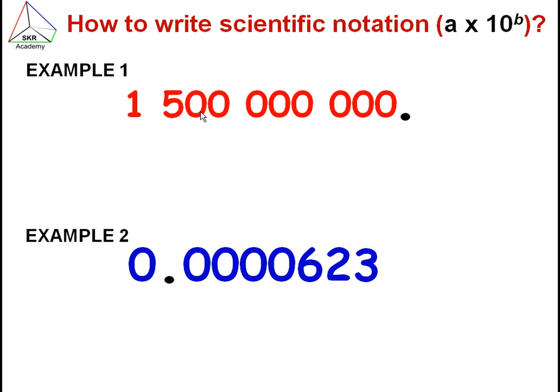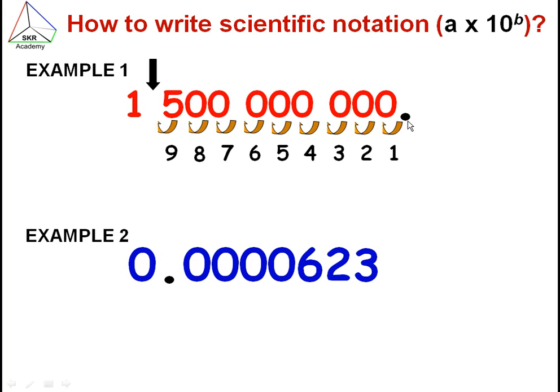You can see there is no decimal point, so let's add one arbitrarily at the right-hand side, and then we will move this decimal place one by one all the way to just before 1. We have to count how many places we move: 1 2 3 4 5 6 7 8 9, so we move the decimal up to the 9th place.